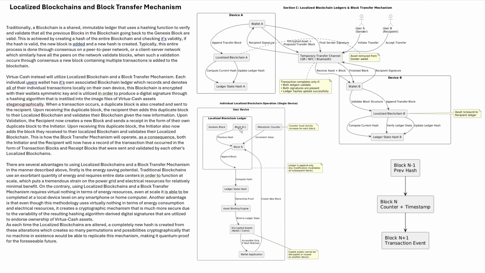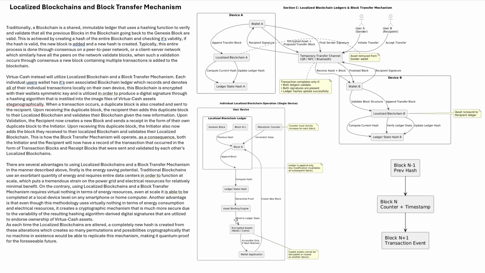If all those check out, then I come to my current block and I hash the block that I just created or the block that I received. And then I get a new valid ledger state.